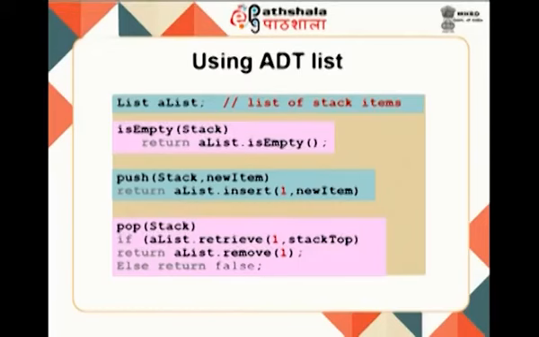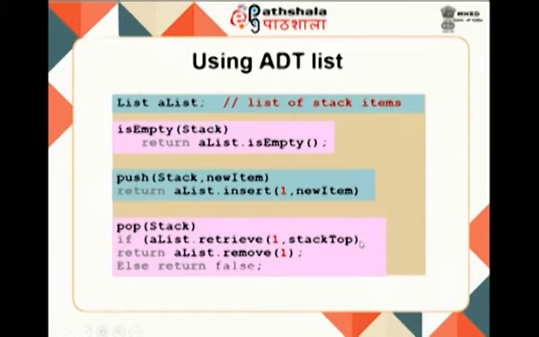Now, if you look at this, we are using an ADT list which has the operations is empty, insert, retrieve and remove for implementing the stack ADT operations is empty, push and pop. That is what you have to understand. Is empty just uses A list's is empty function. Here instead of push we have insert; the only difference is we are inserting always only at 1, because we are only inserting at the top position.